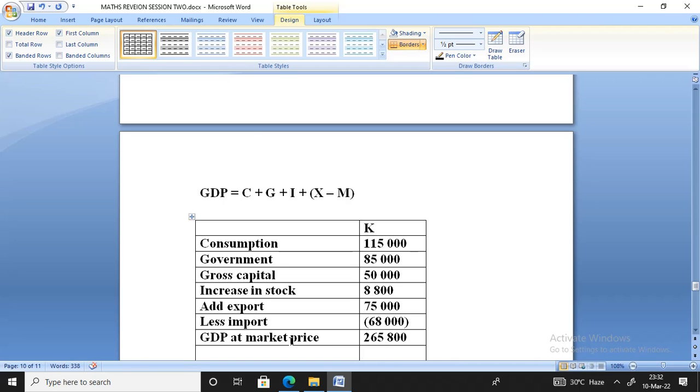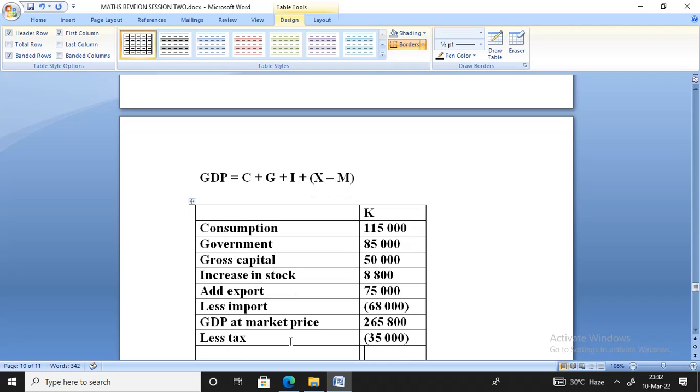Then when we adjust for taxes and subsidy, we have the GDP at factor cost. So less tax. The tax is 35,000. And then add subsidy. The subsidy value is 25,000.